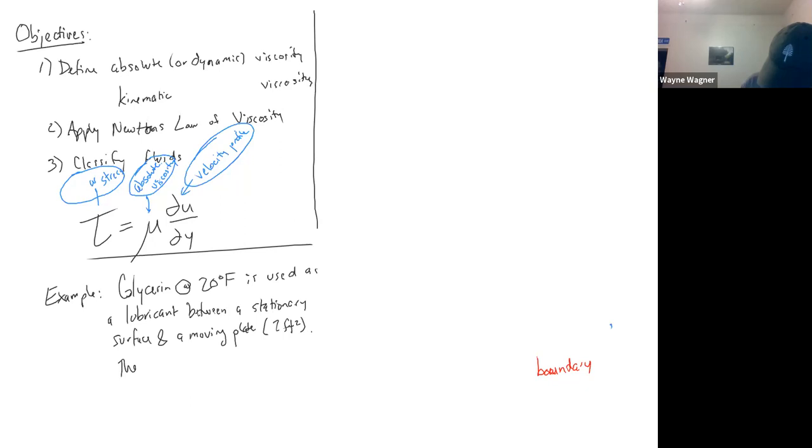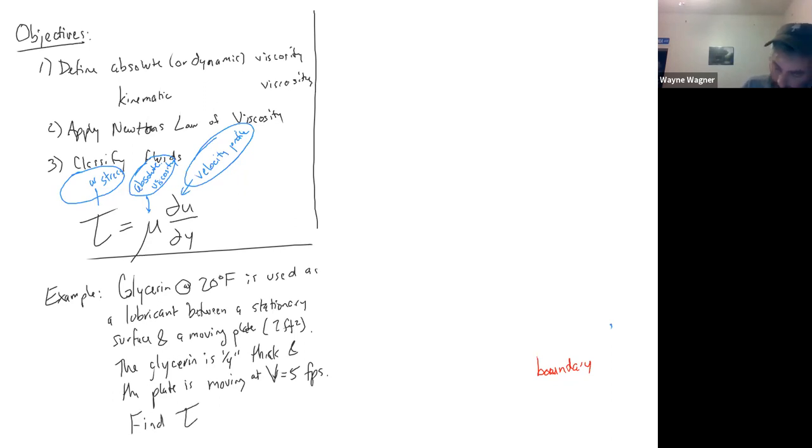The glycerin, or the gap, is 1/4 inch thick, and the plate is moving at V, capital V, equals 5 feet per second. Find tau and F shear.